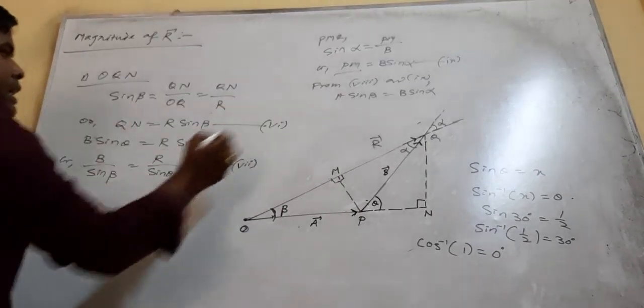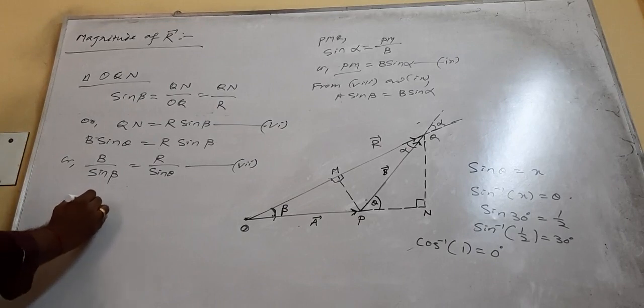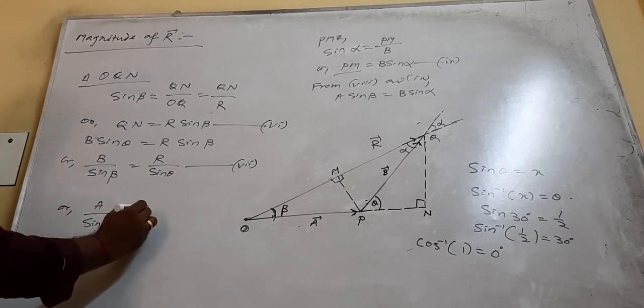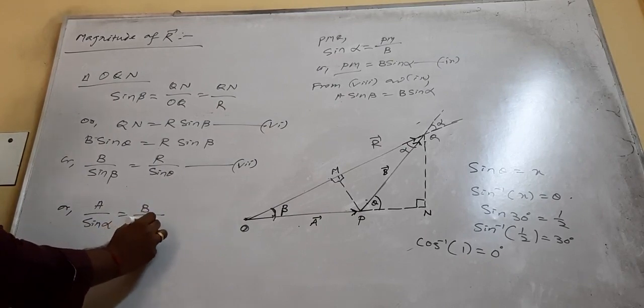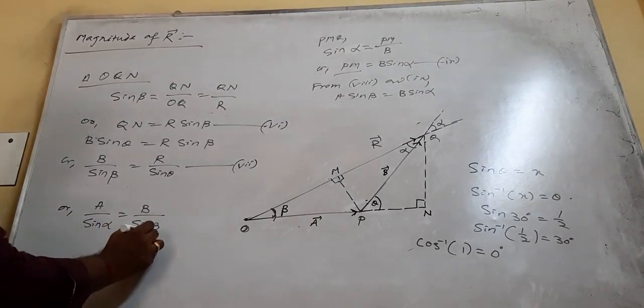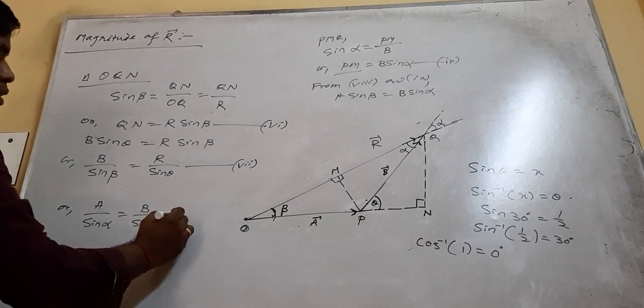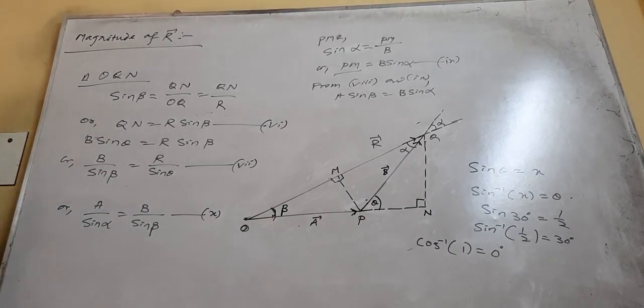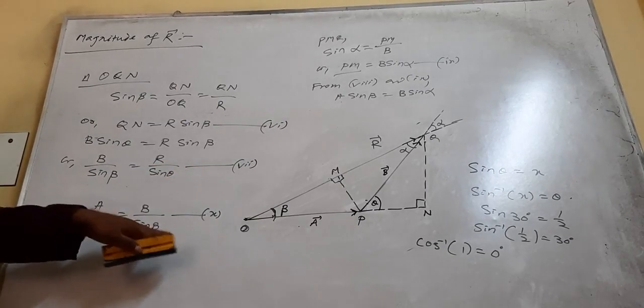From this you can write A by sine alpha equals B by sine beta. It is your equation number 10. So now you compare 7 and 10.